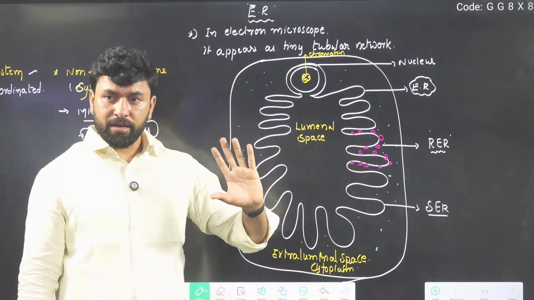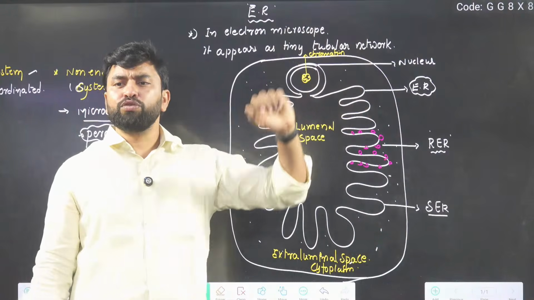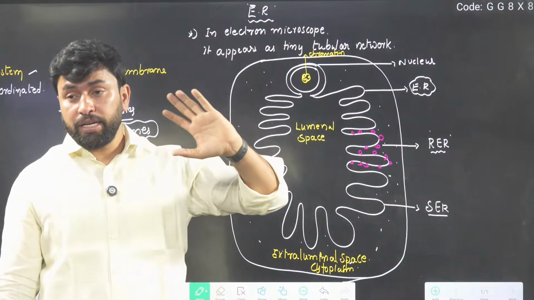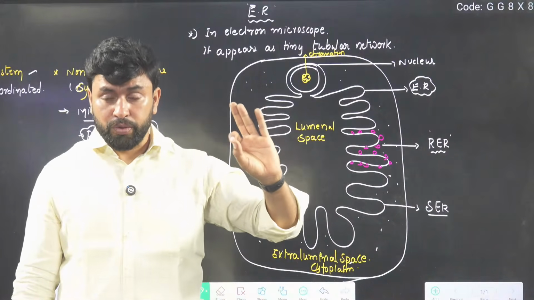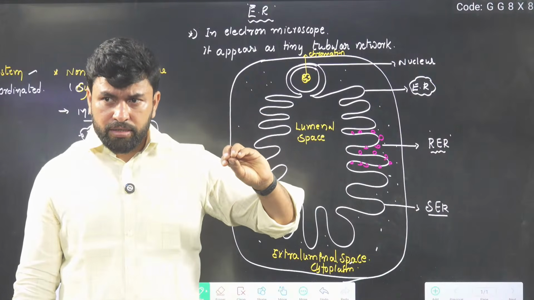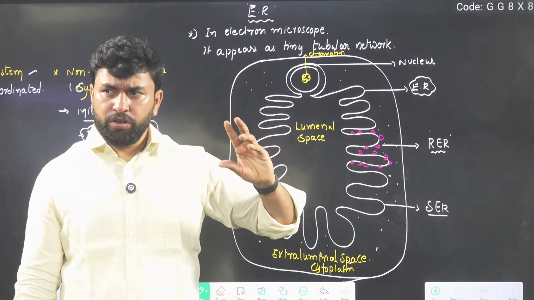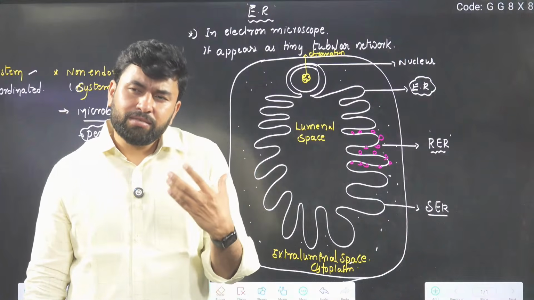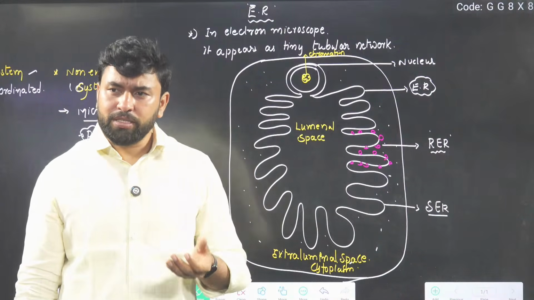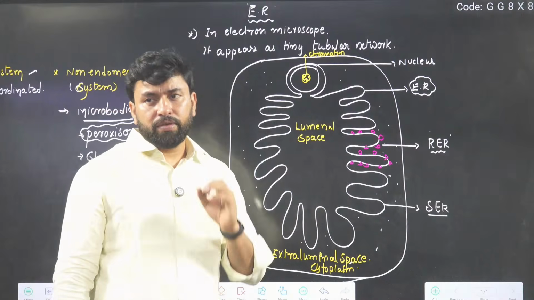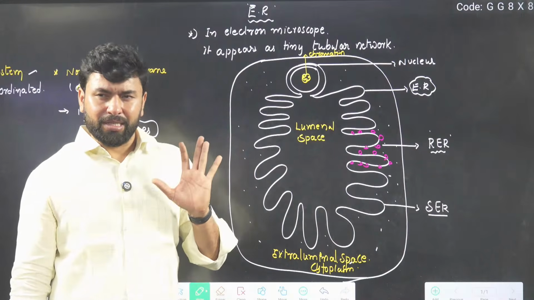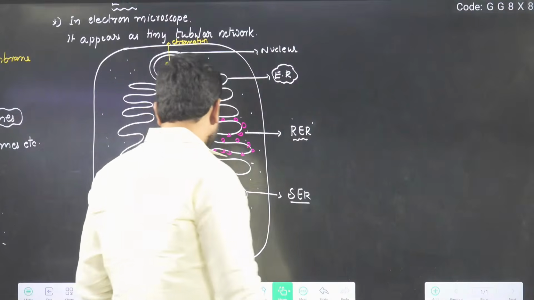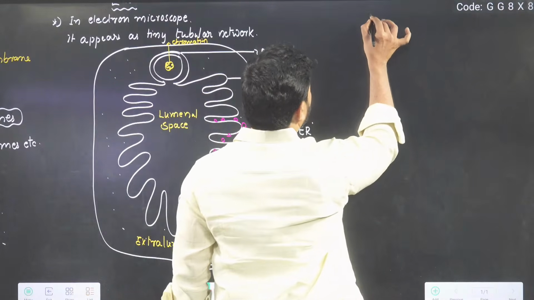But it doesn't mean that a cell will have completely smooth or completely rough endoplasmic reticulum. That's not the story. A cell, on an average, has both rough and smooth endoplasmic reticulum. But if a cell has more requirement, there will be more accumulation of ribosomes on the top of it.